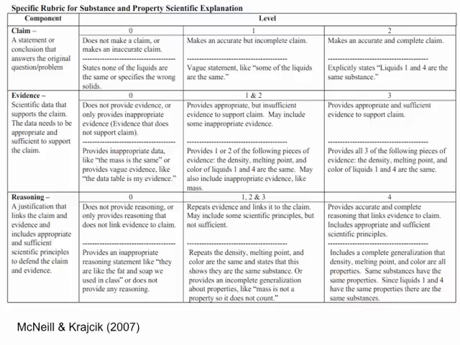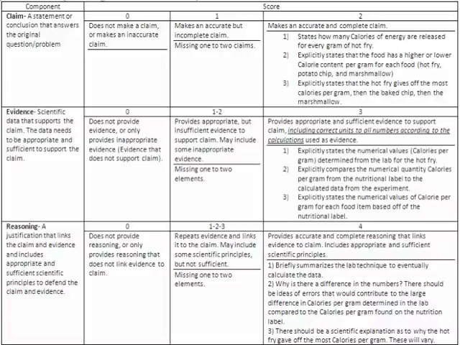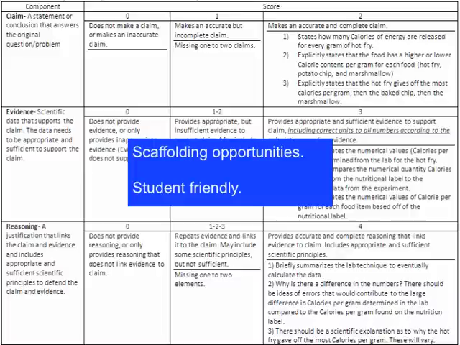This is straight from a research paper by McNeill and Krajcik that does a nice job of giving, at the top, the benchmarks based on your level for claim, evidence, and reasoning. And then below, examples of what would be a sample for that particular learning experience. So I took that and edited it for the food lab.